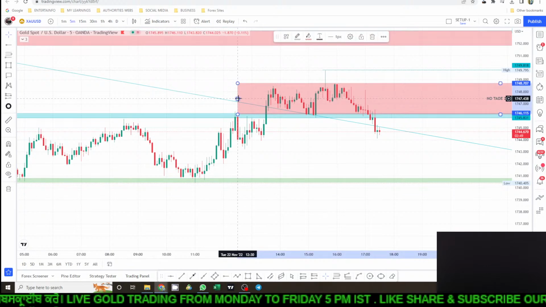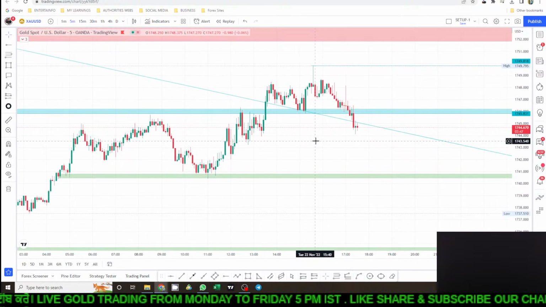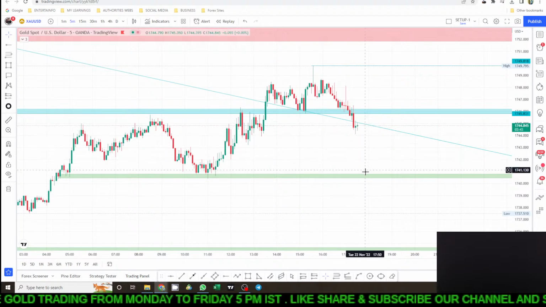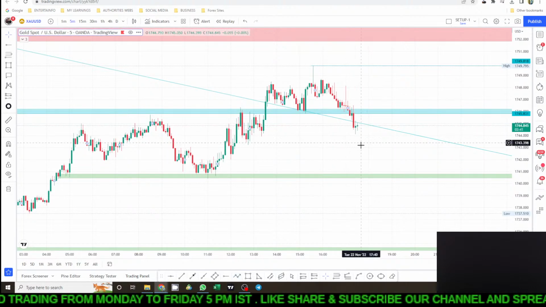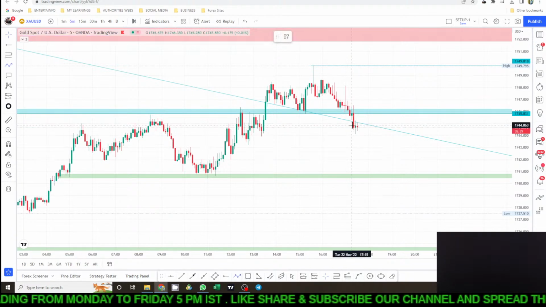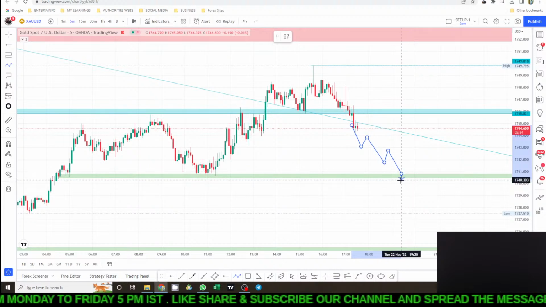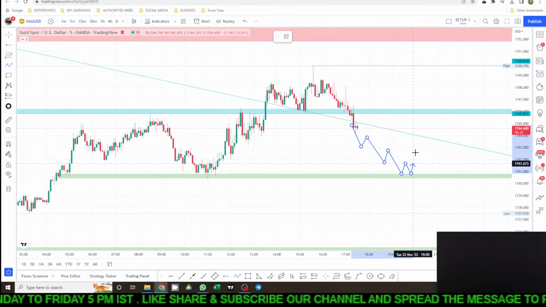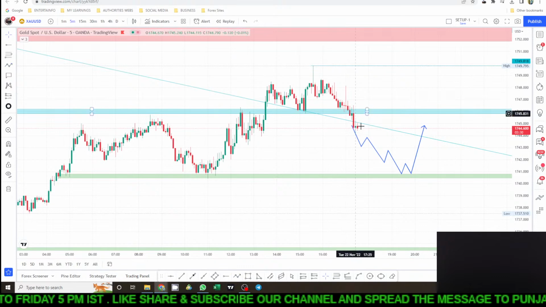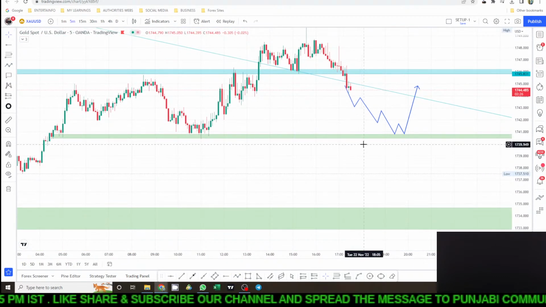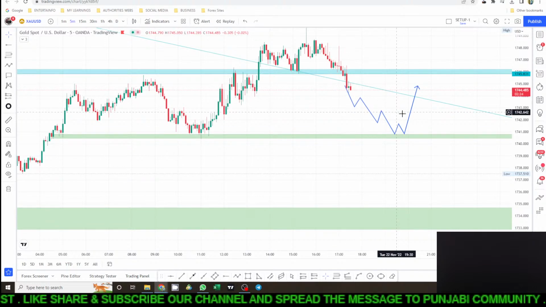So at least we can say gold is out of the no trade zone. I will be waiting for this one to come here, okay, and this one to come down and touch the demand area, then make a rejection upside, retest, then I will go for a buy in the same volume. If it is breaking down, then I will go for a sell. Okay, so there are two options here. In the middle I will not enter.